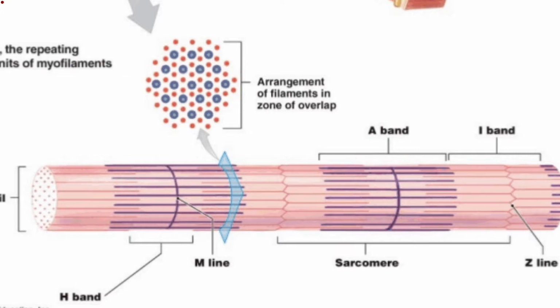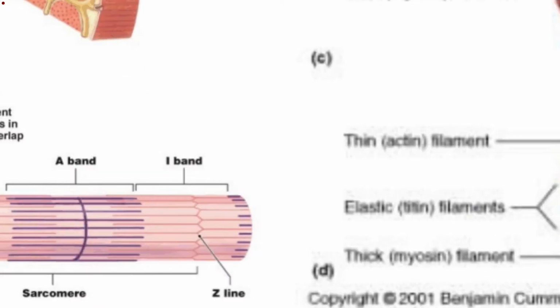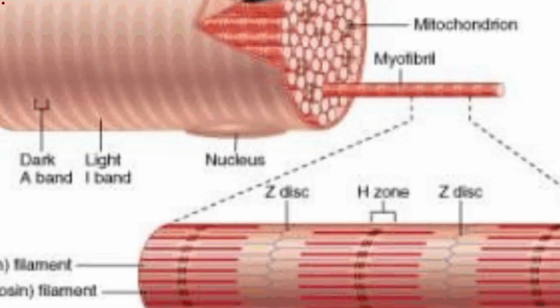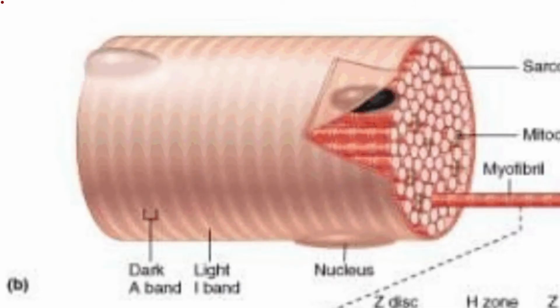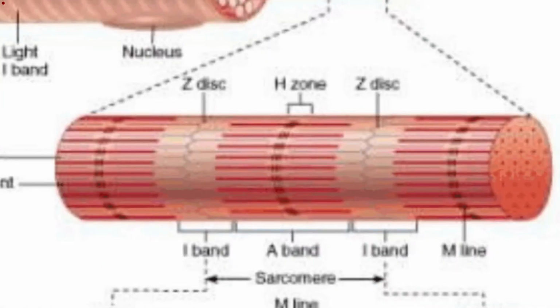Okay, let's look at the other picture. Same thing. This one is a little bit blurry. They are pulling the sarcolemma off here, and you can see the myofibrils. Here you can see our sarcomeres.